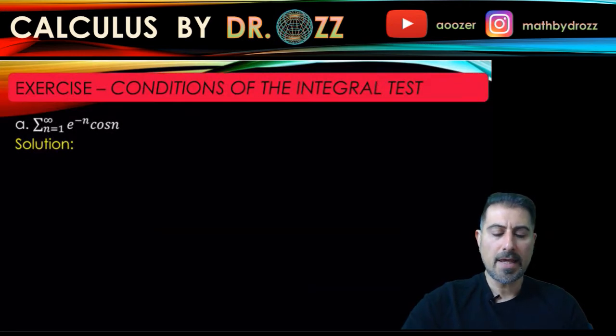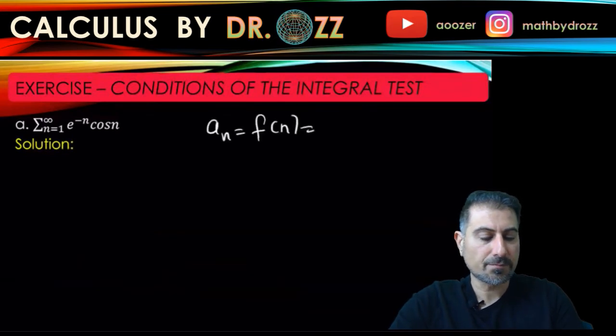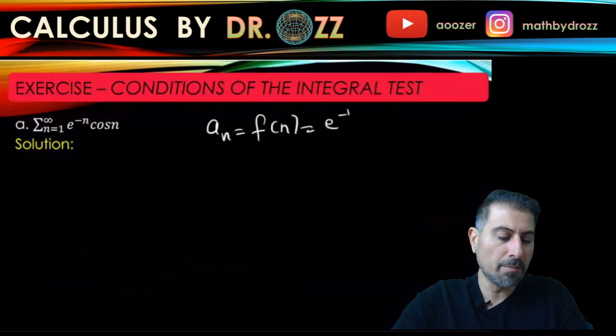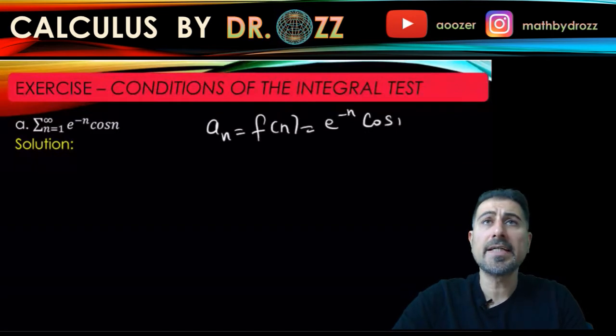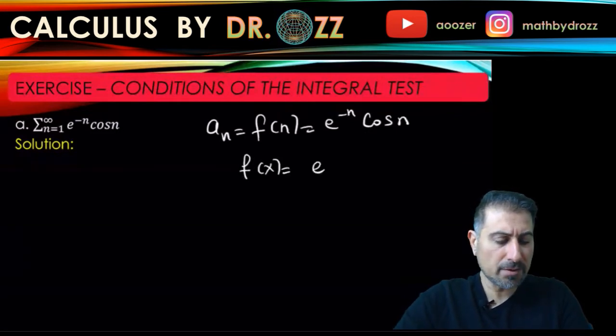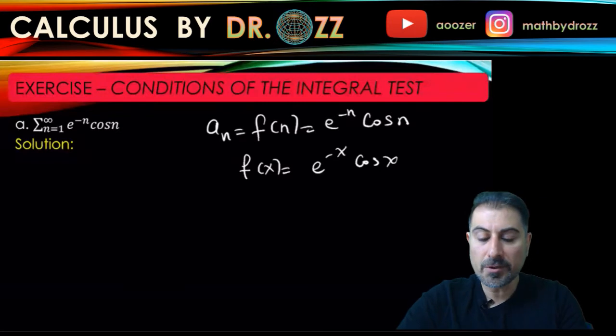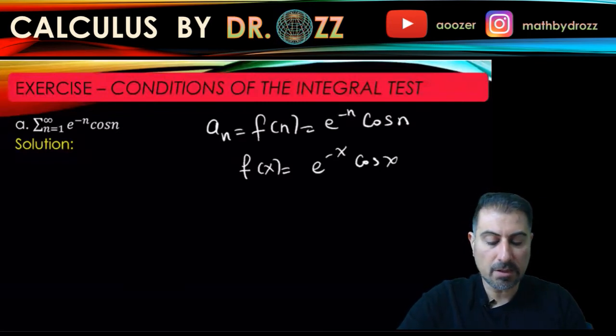All right, for part A, why don't we construct a_n equals f(n), that's equal to e to the minus n cosine n, that allows us to grab f of x to be e to the minus x cosine x. So the very first condition was checking for f being positive.